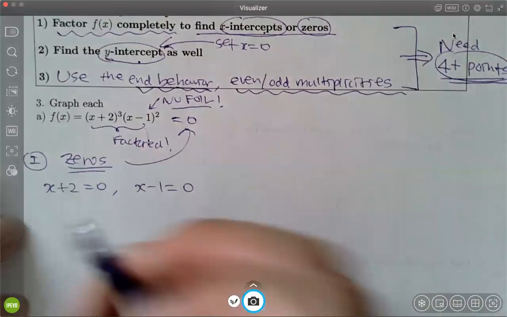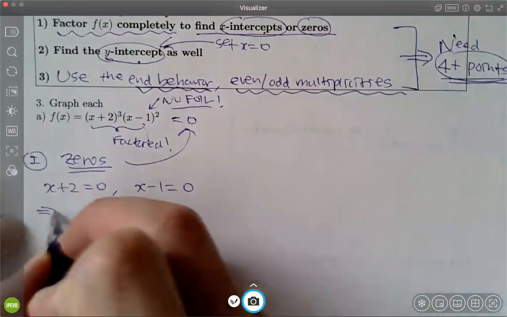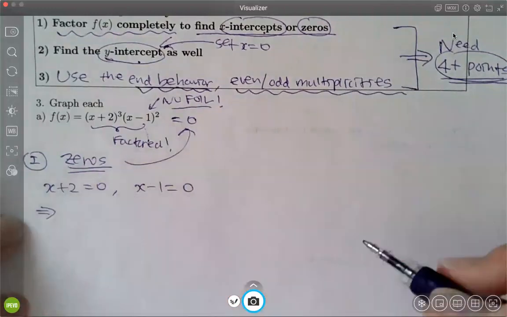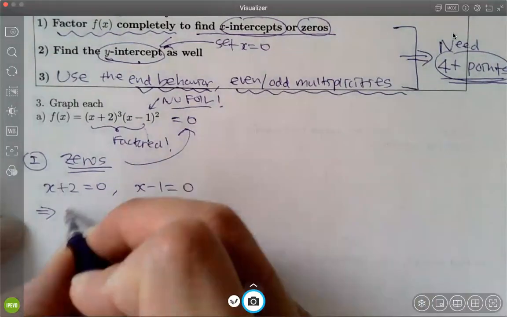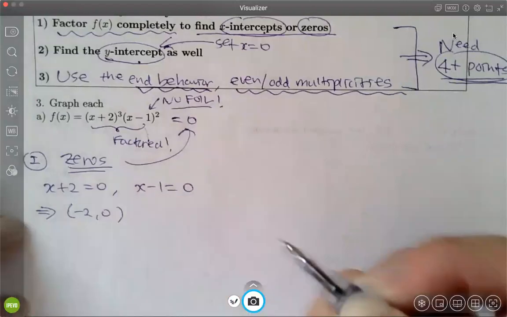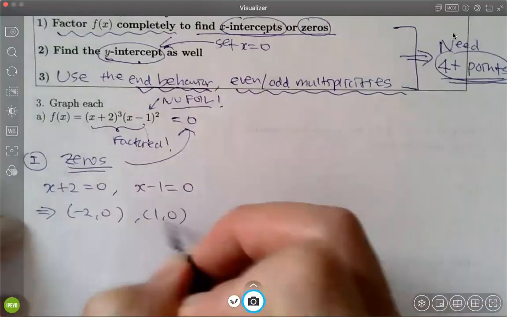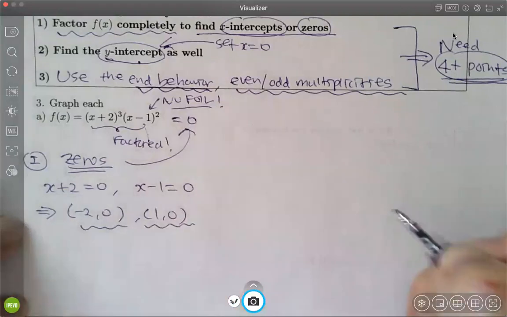What are the zeros? -2 and 1, okay? But we need the x-intercepts. So what are the x-intercepts? (-2, 0) and (1, 0), right? These are the x-intercepts.